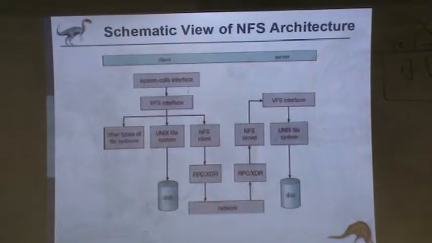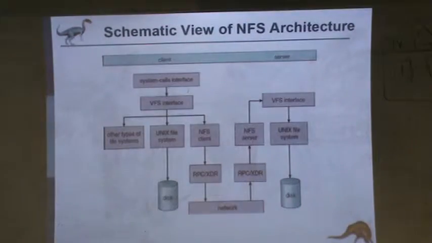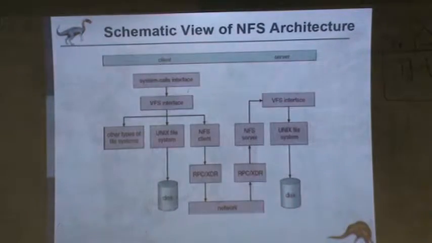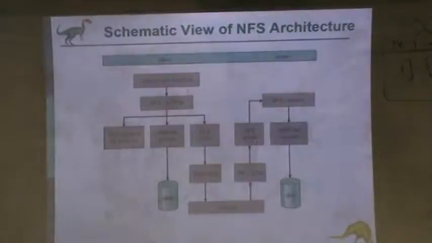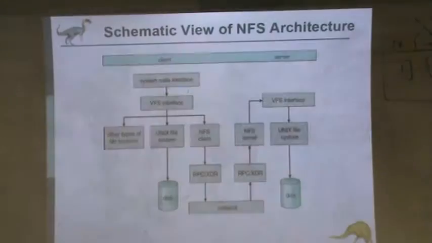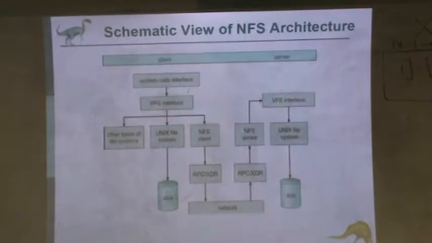This slide shows the overview of the network file system architecture. This is one server, this is another server. This one is called the server, which has the NFS server, and this one is the client that mounted it. Both of them have the virtual file system.